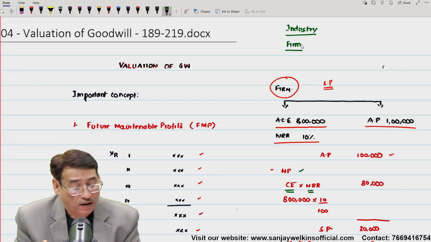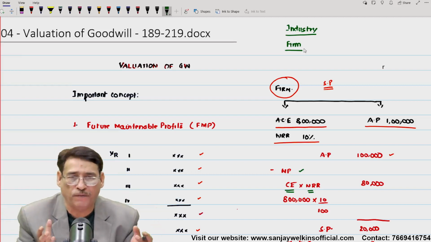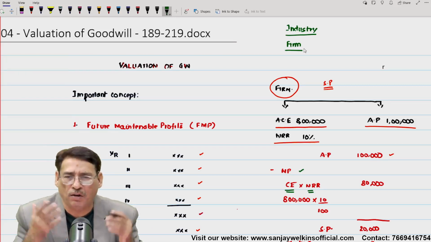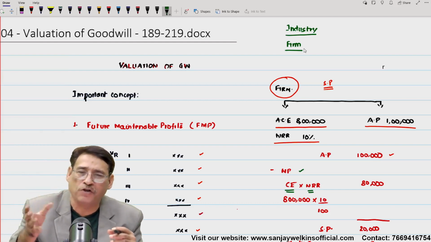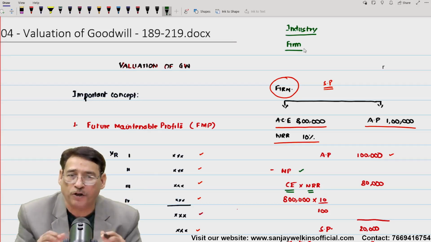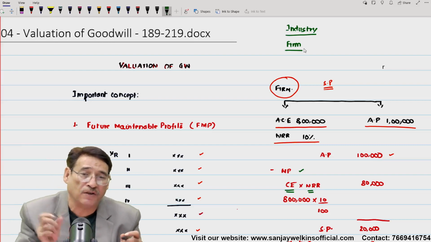Because what is an industry? An industry is a collection of all the firms which are in the same line of trade. That means in India, let us say all the firms who are associated with computer manufacturing or assembling, correct? It will constitute what we call computer industry. So industry basically is a collection of firms which are in the same line of trade.